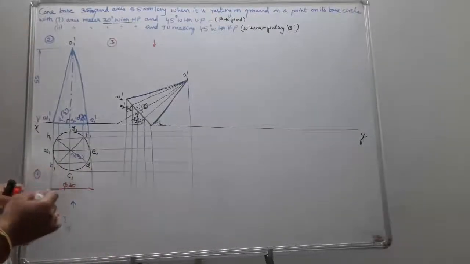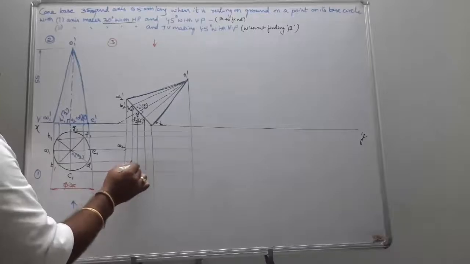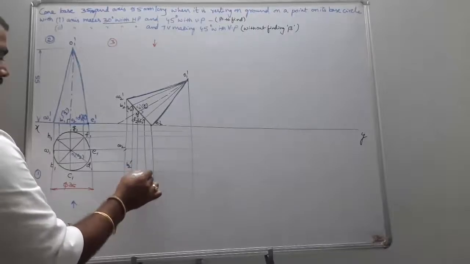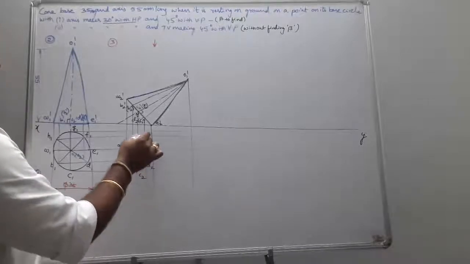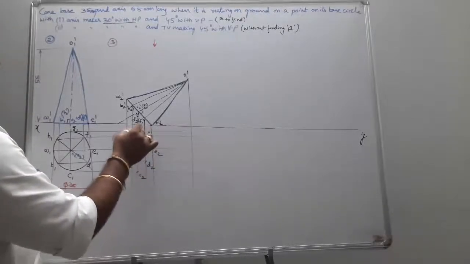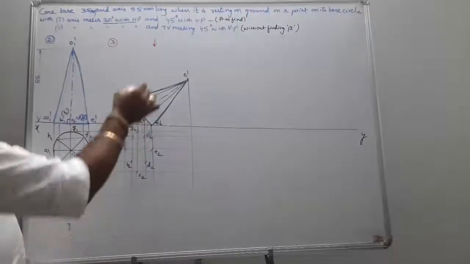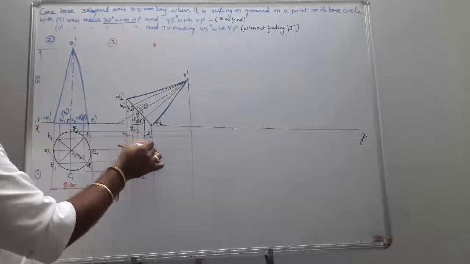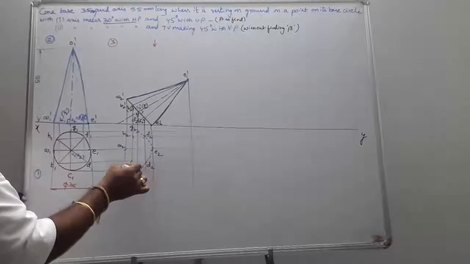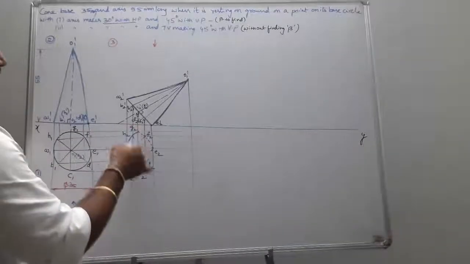Now mark the intersection points: A2, B2, C2, D2, E2, F2, G2, H2. What is the farthest point from the observer? E. So lines which are passing through E are going to be dotted, and the remaining are going to be solid lines. That is the solid base.